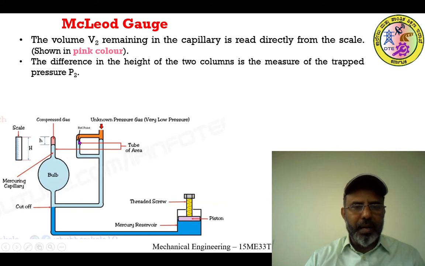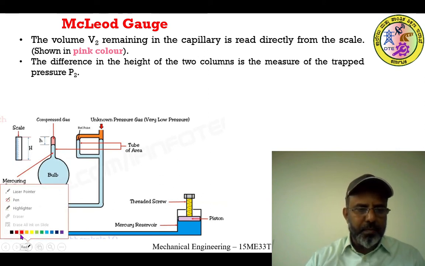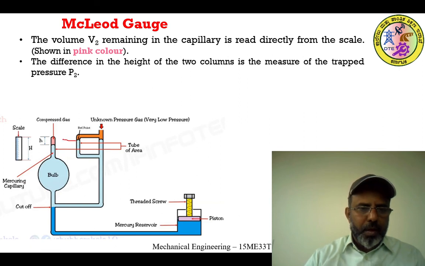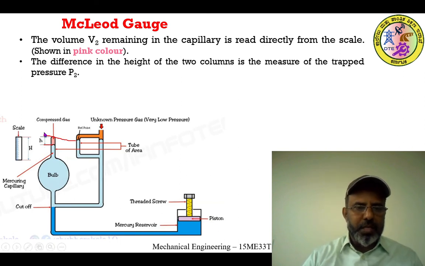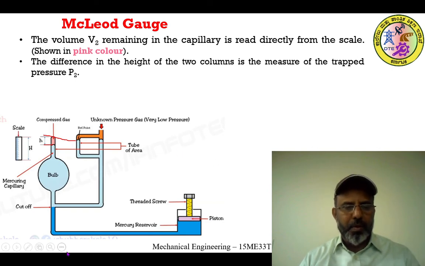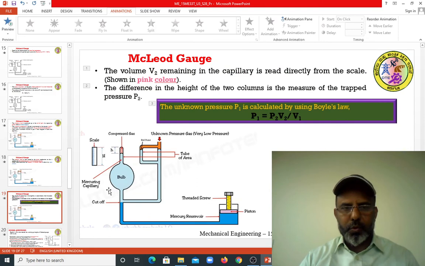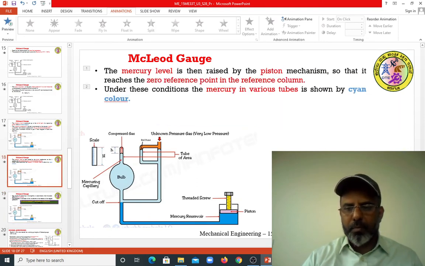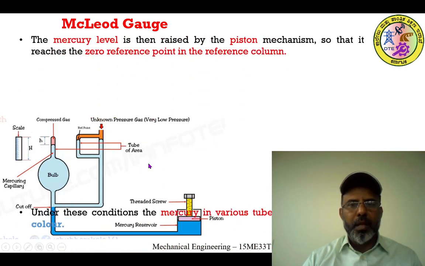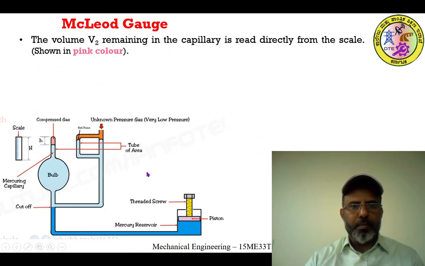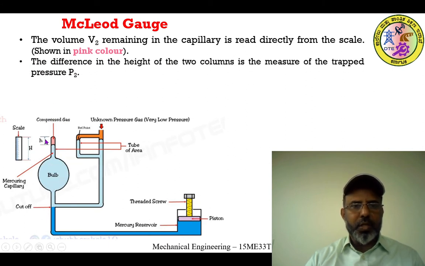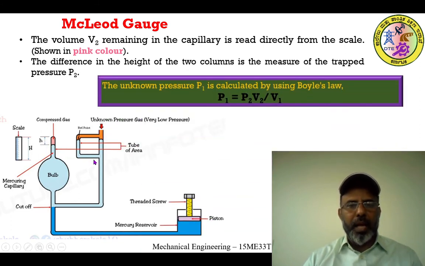And the difference in the height, this distance H, the distance H or the difference in the height of the two columns is the measure of the trapped pressure, and the unknown pressure P1 is calculated by using the relation P1 equals P2 V2 divided by V1.